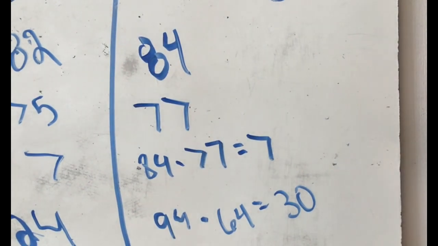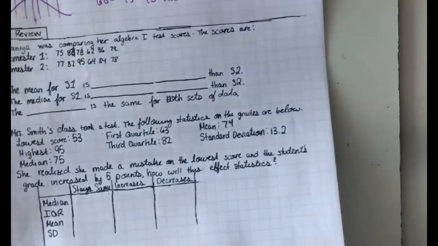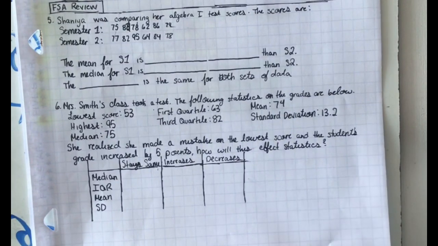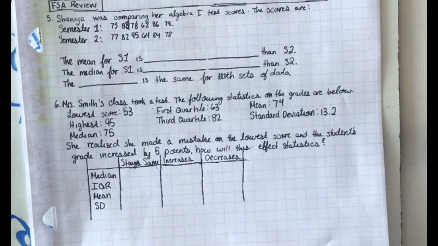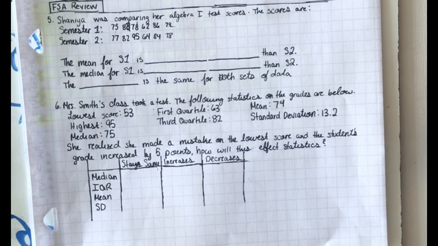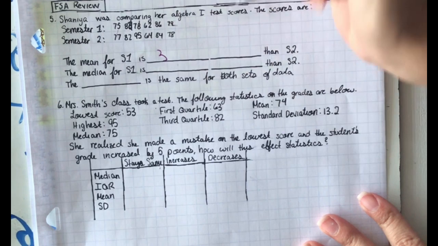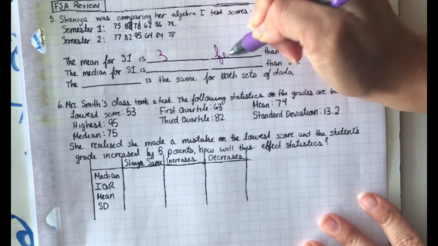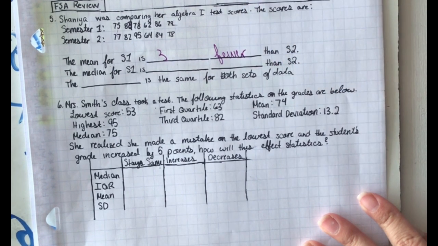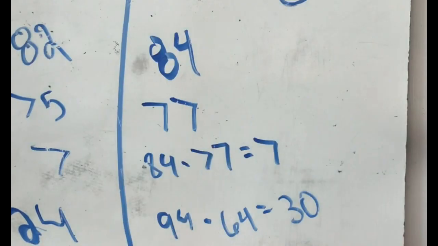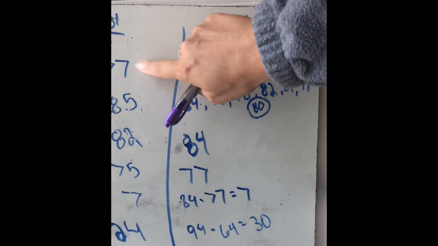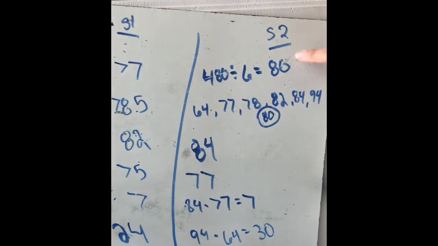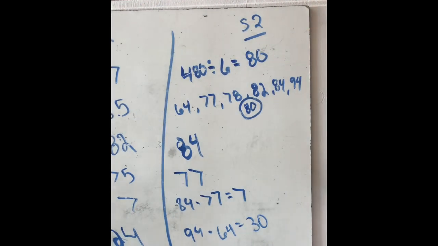So now coming back to the problem itself. The mean for semester 1 is something something than semester 2. So the mean for semester 1 is 3 fewer than semester 2, because the mean for semester 1 is 77, and the mean for semester 2 is 80.